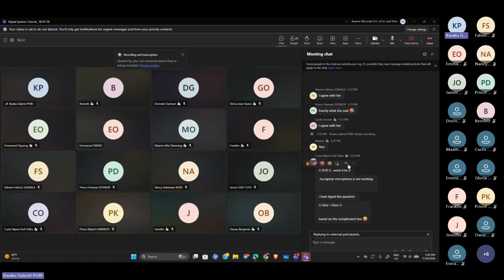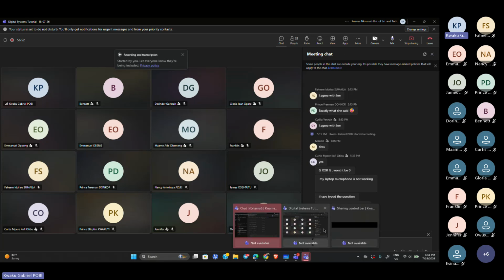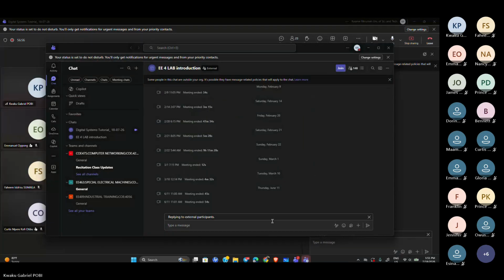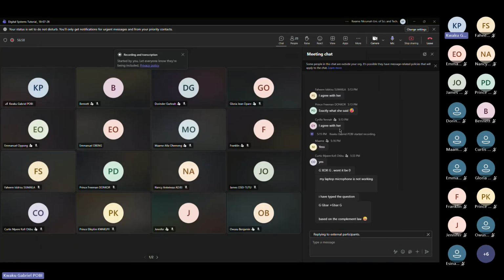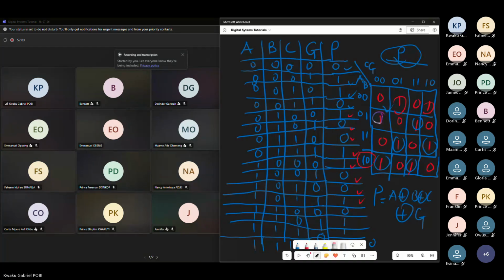Yeah, actually, what he was saying was true. Let me see. So yeah, actually, G XOR G, yeah, in a way. It's supposed to be, so let me address that here. Where is it? Okay, I'm coming in. Okay, sure.